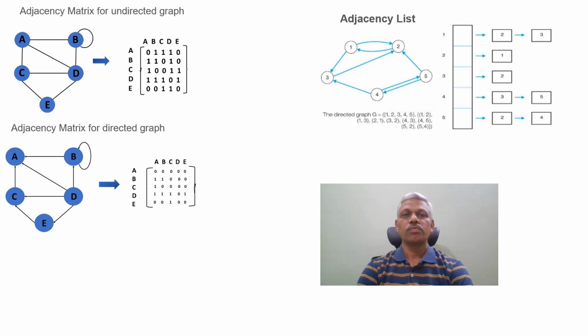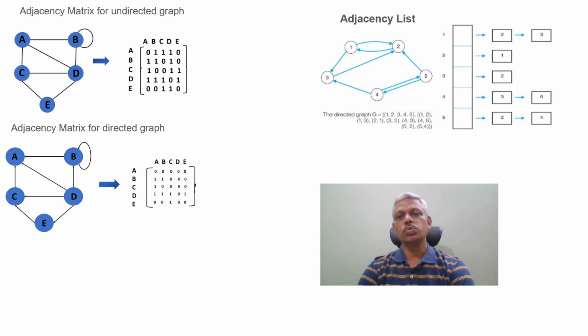So, for the first node, I'll take the link to the node with vertex 2 and another node with link to 3. So from 1 I can reach the vertices 2, 3.